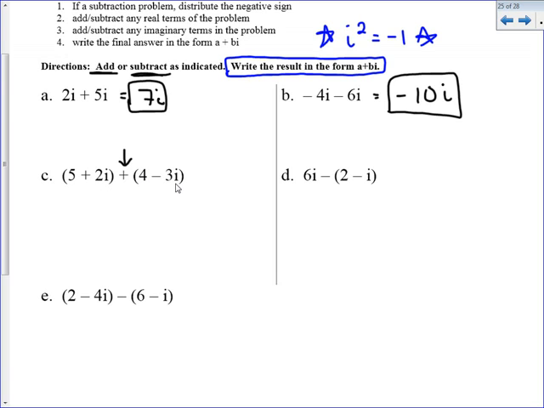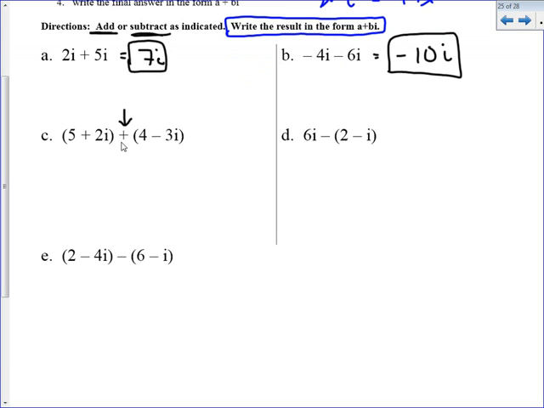However, think back to the first day of class. When we had addition between polynomials, did we have anything special we had to do? Not for addition. No, so this is really just 5 plus 2i plus 4 minus 3i. Yeah, it's just like the first day of class.